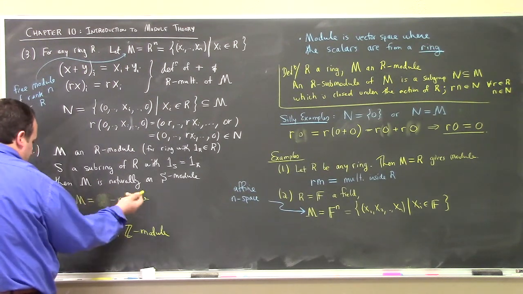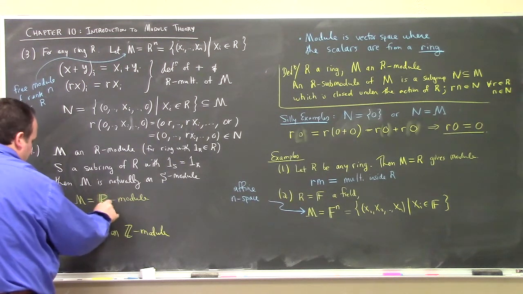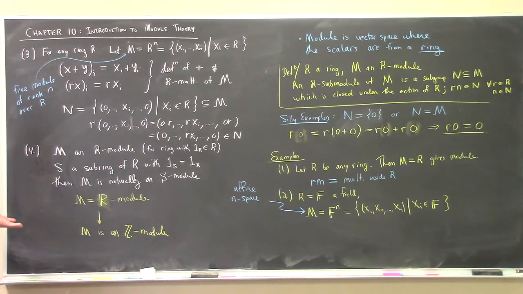I'll go back to R. But anyway, anything of characteristic 0 has what? Any ring with characteristic 0 has a subring of the integers in it. Yes. Because you can build the integers from 1. So anything that's an R module is a Z module.